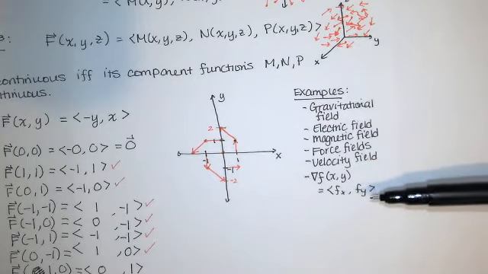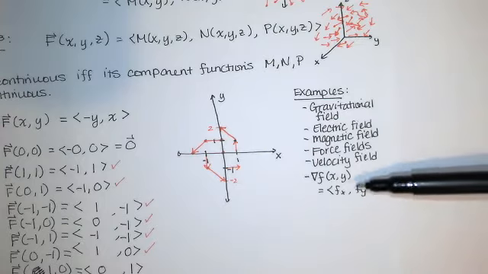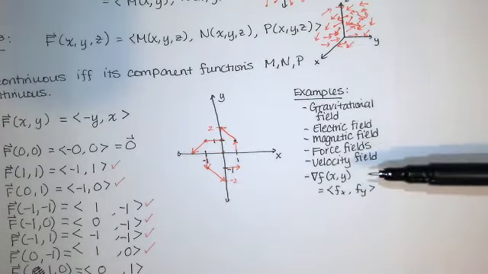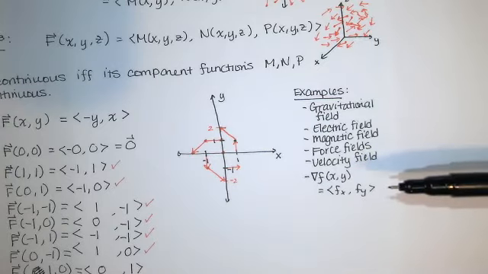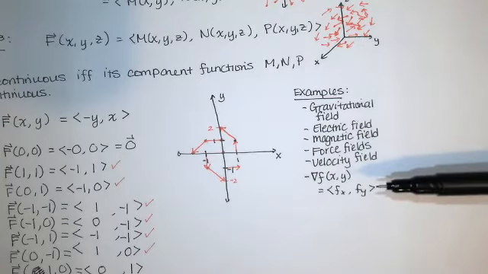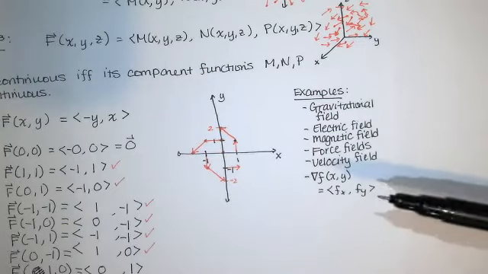And remember what that vector tells us. It tells us the direction of greatest or steepest ascent, or the direction of greatest increase of the function. If I take the magnitude of that, I can get the slope in that direction, or the magnitude of the greatest increase in the function at that point.